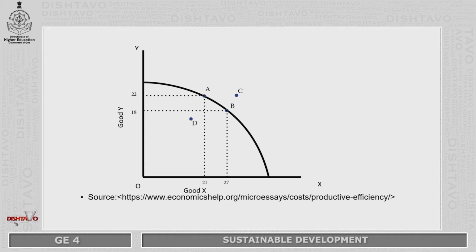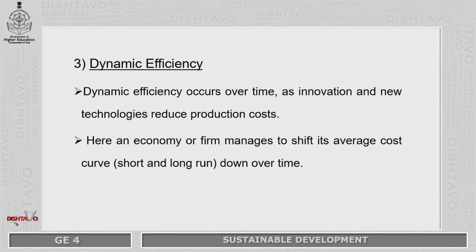Any point on the production possibility curve gives us productive efficiency. Points A and B are production efficient points, while point C is not attainable, while point D is an inefficient point wherein there is less usage of resources.